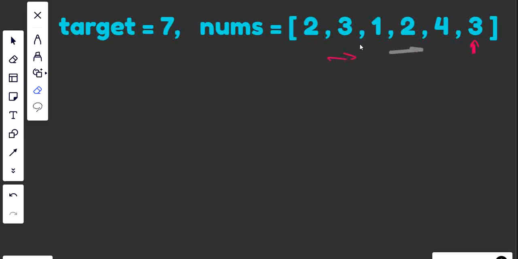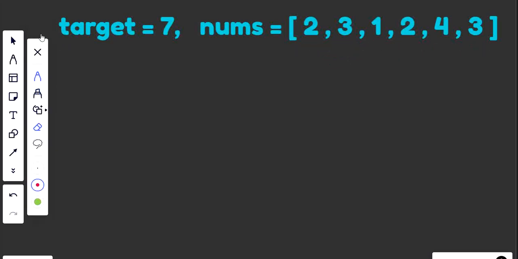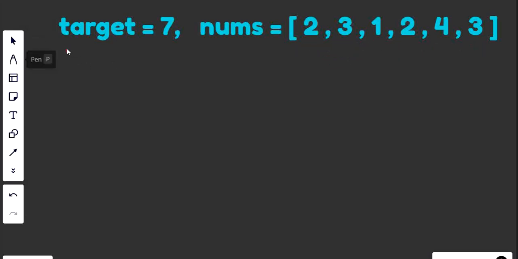Let's see. Firstly, let's initialize our left and right pointers. The left and right pointers are equal to 0 right now, so they are here, right? At this point, what will be the sum of our window? The sum is 2 because both the pointers are at this place.